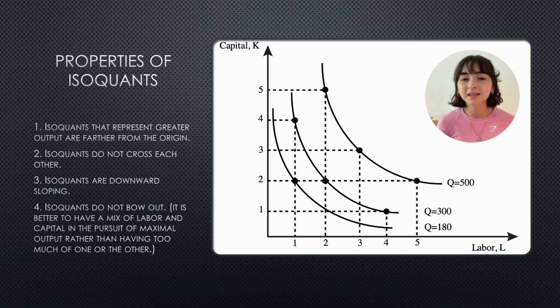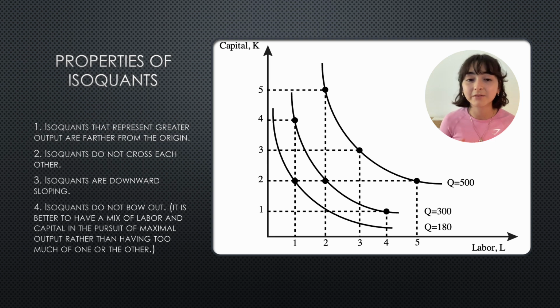So of course, it is important to note that Cobb-Douglas production function isoquants have defining characteristics that they all share. Firstly, isoquants that present greater outputs are further from the origin, which makes sense because they require greater amounts of each input, so of course they will be getting further and further away from the origin.